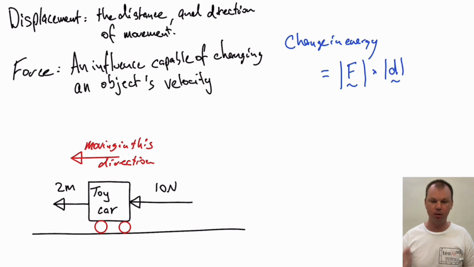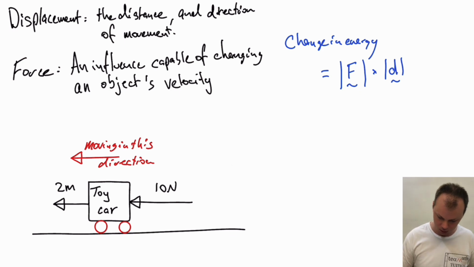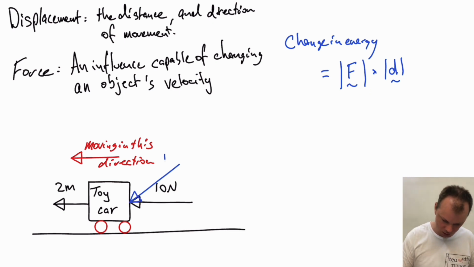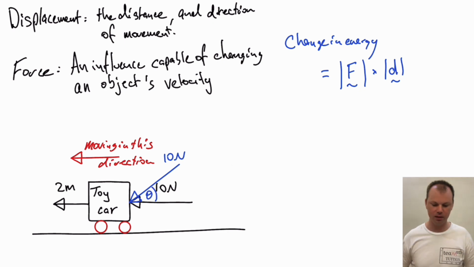Now, if I was to apply that same 10 newtons of force, but instead of applying it horizontally like in this example, what if I was to apply it at an angle like this? So this is going to be 10 newtons as well, at some angle here. And the car is still moving in the same direction.